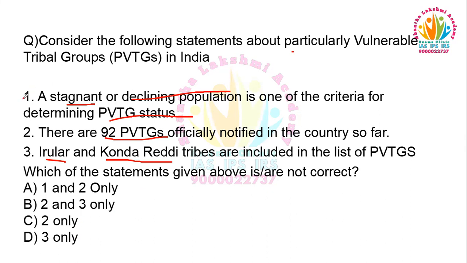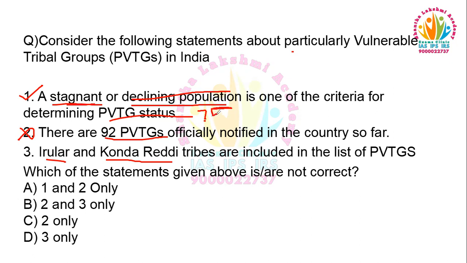If you look at statement 1, a stagnant or declining population is one of the criteria to determine PVTG status. Statement 1 is correct because zero or negative population growth is one of the criteria to determine the PVTGs. The second statement is incorrect because as of now we have 75 PVTGs, not 92.